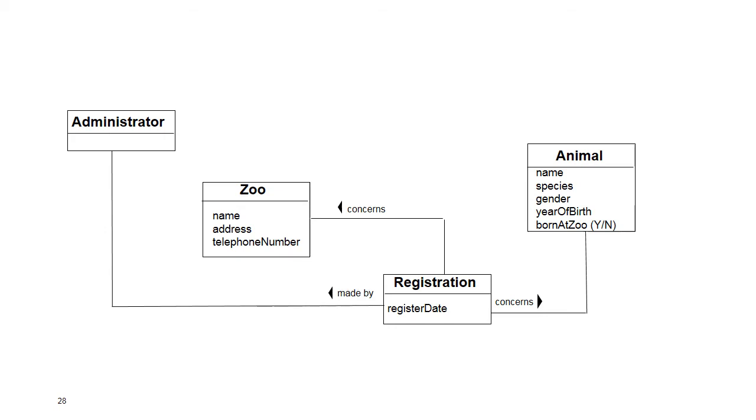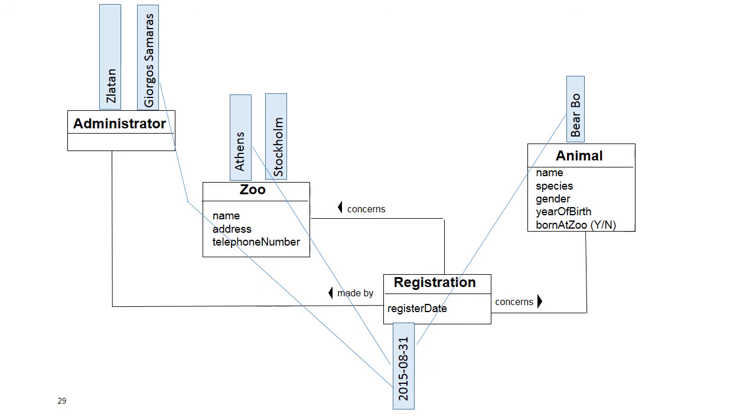We will now add the first object, which means that we now register an animal and create a registration object. That registration object is linked to an animal object, the bear Boo. It is linked to a zoo, Athens, and it's linked to an administrator that did the registration, Georgios Samaras.